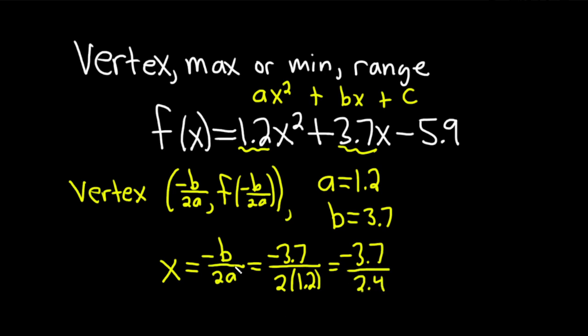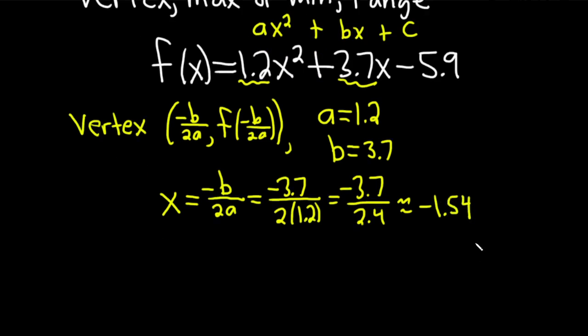And if you put this in your calculator, I'm just going to do it really quick. Negative 3.7 divided by 2.4. I'm going to round. I got roughly negative 1.54. That's the x-coordinate of our vertex, okay? So x is equal to negative 1.54.